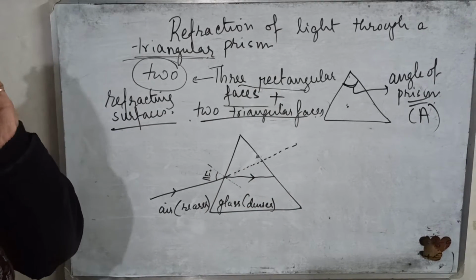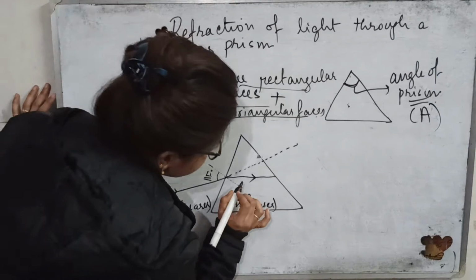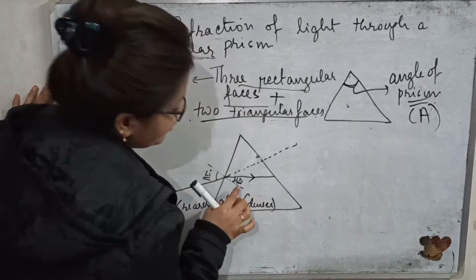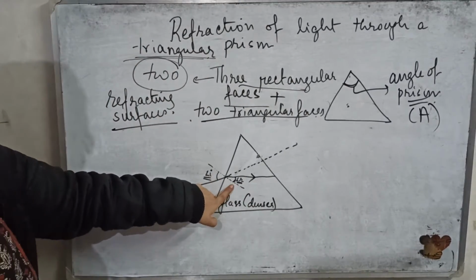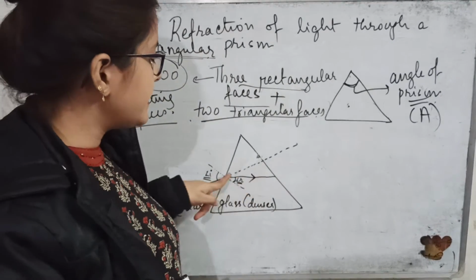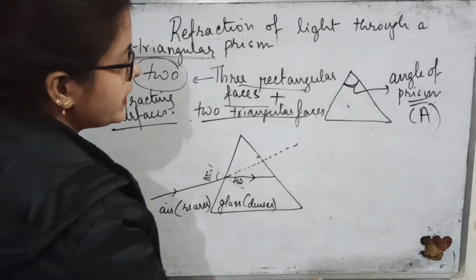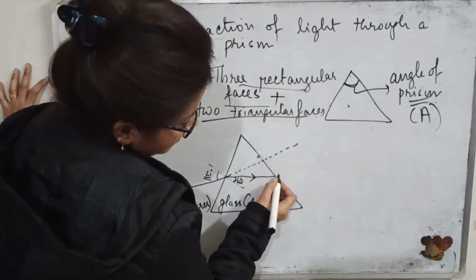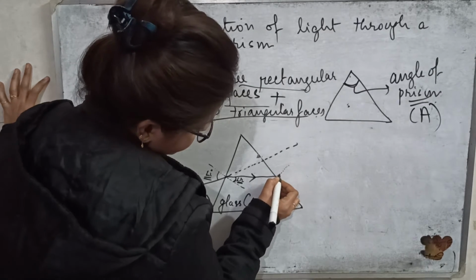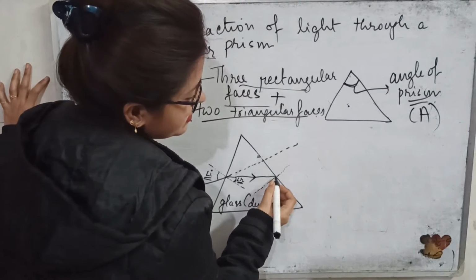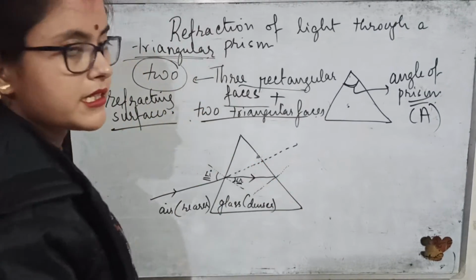Okay? Now, this is the first angle of refraction that is made by the refracted light ray inside the glass prism with the normal. Now when this light ray strikes here, this becomes the incident light ray for the second refracting surface.